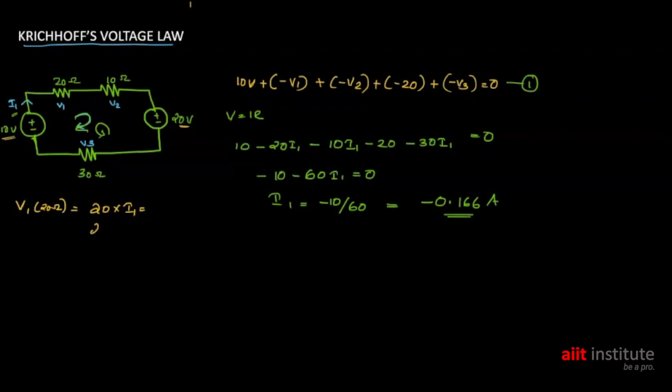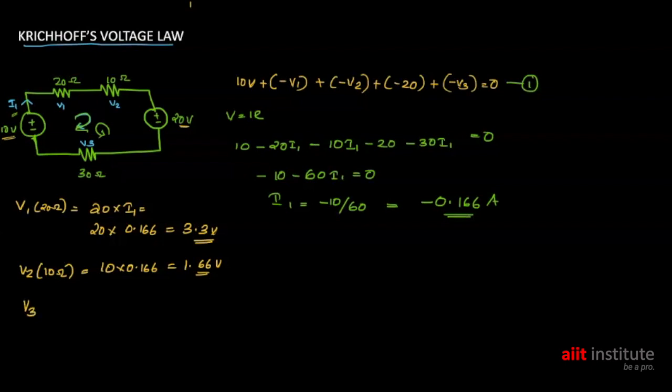So 20 into 0.166, it's almost 3.3 volt we will get. Similarly, V2, which is the voltage drop across the 10 ohm resistance. So 10 into 0.166, 1.66 volt we will get.